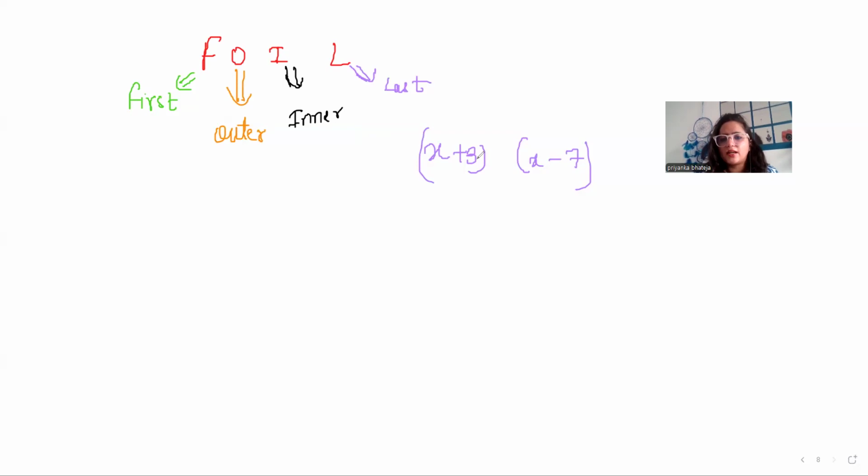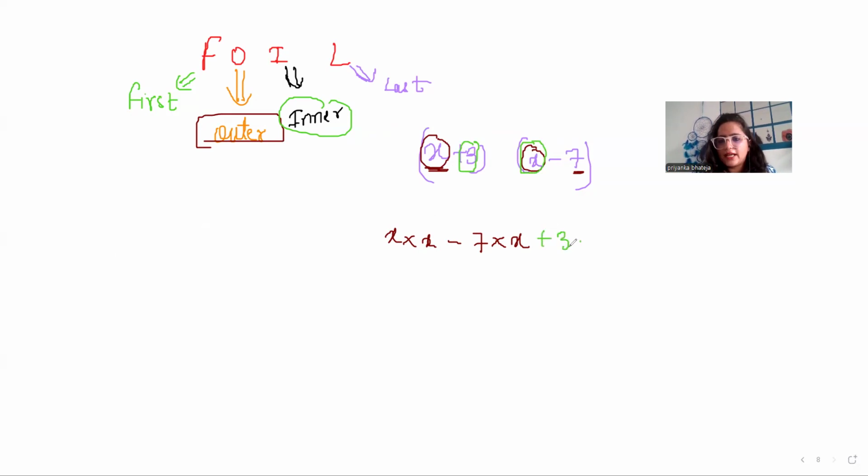First of all, make sure that first letters are getting multiplied together. X times x. After that, that comes outer. So this should be multiplied with the outer. That is negative 7 times x. After that, the inner letters should be multiplied. So these are my inner things, 3 and x.